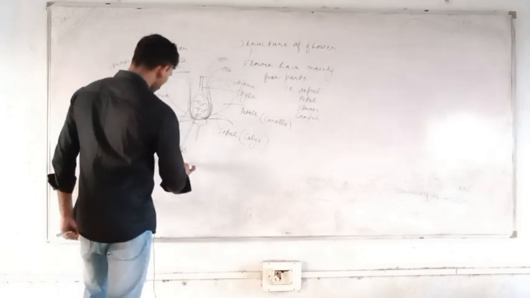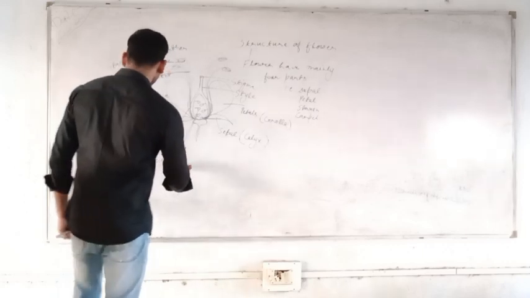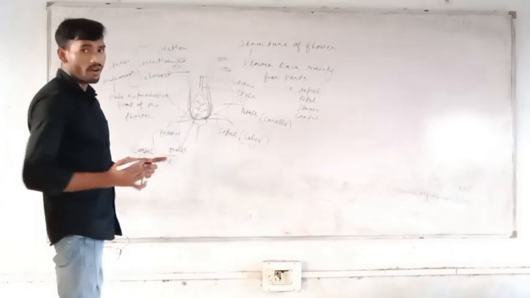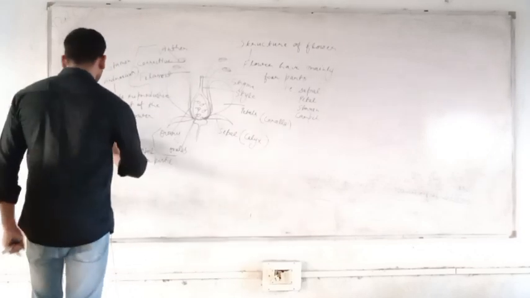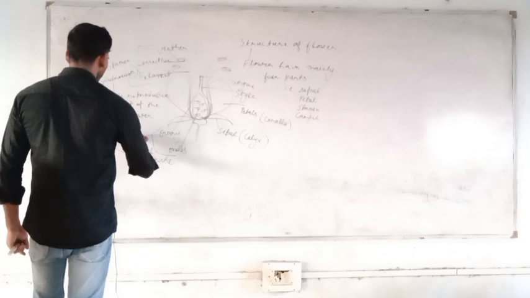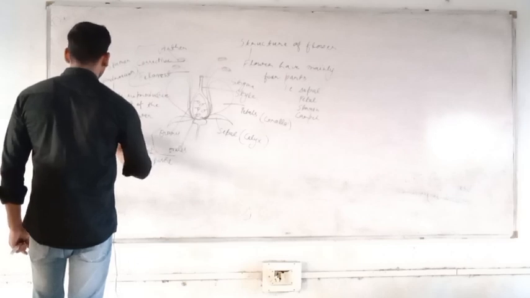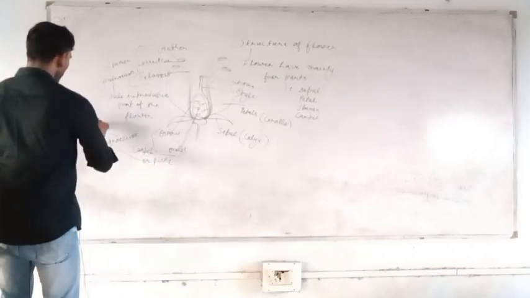Carpel or pistil is the female reproductive part of the flowers, and group of carpels forms gynoecium. And it is the female reproductive part of the flower.